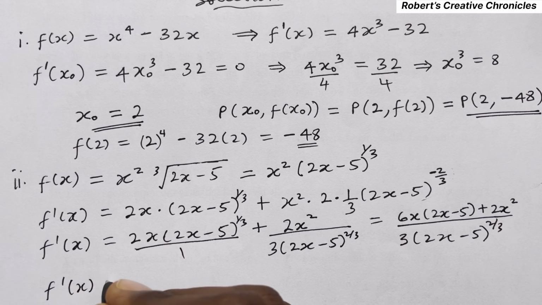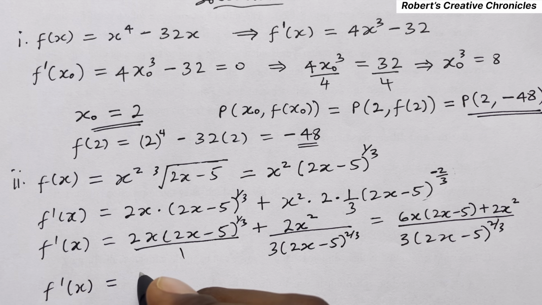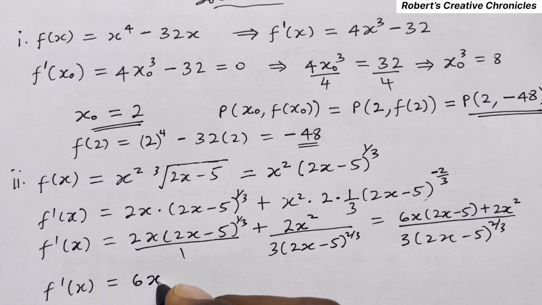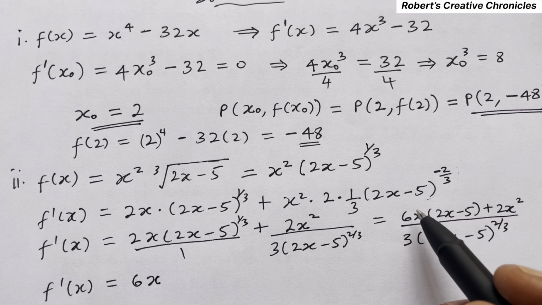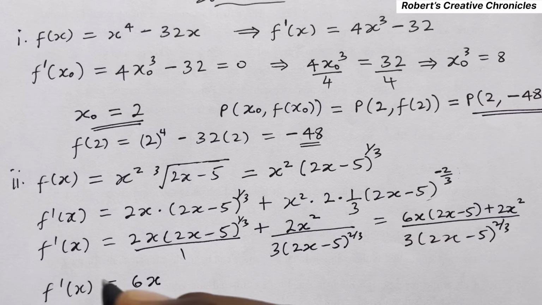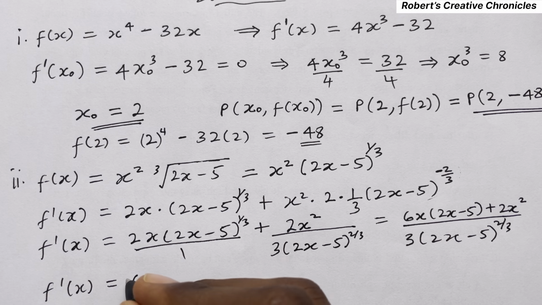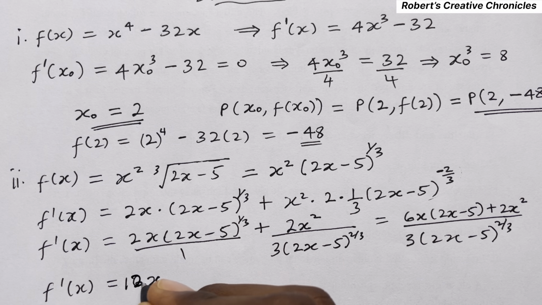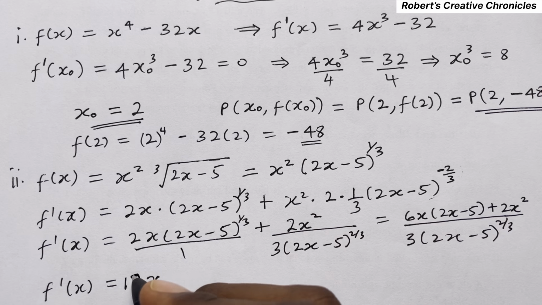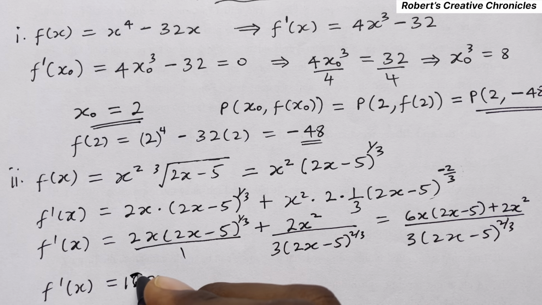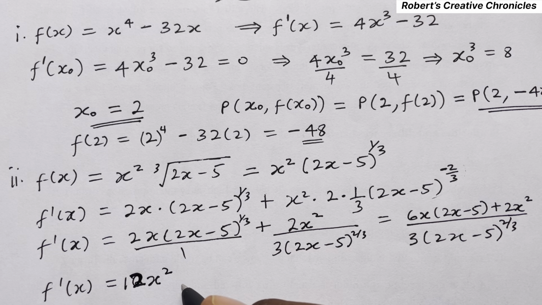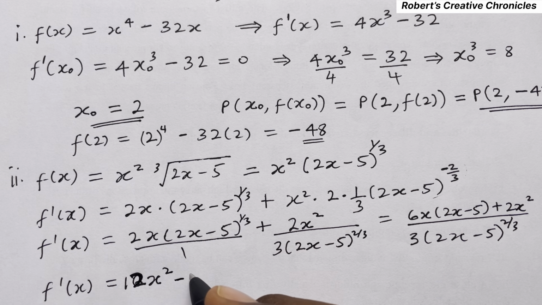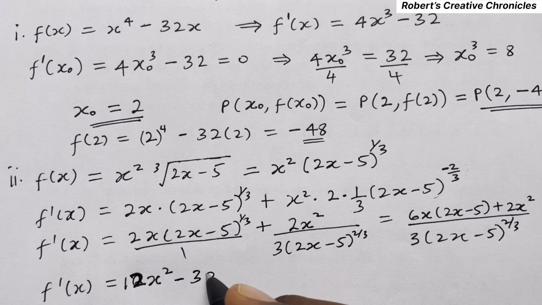So f prime of x is equal to what? This is 6. This is 6x times 2x, which is 12x squared. Then minus 30x.